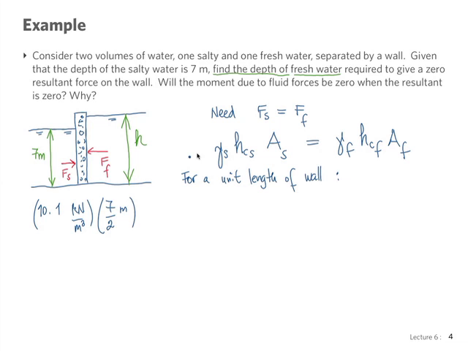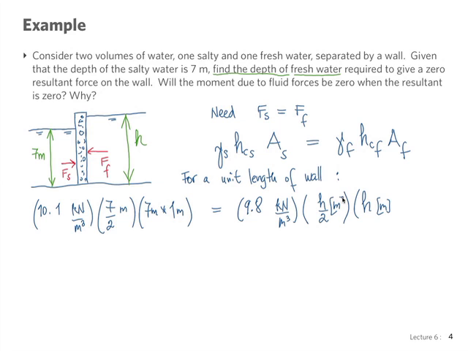That's the depth times the area, which is going to be, for a unit length of wall, 7 meters times 1 meter. That's the area. And on the other side I have gamma of fresh water, 9.8 kilonewton divided by cubic meter, and well, we don't know the depth of water on that side, so let's just write h/2 for the depth of the centroid on that side. And we don't know the area either because we don't know h, so h meters times 1 meter will be the area on the fresh side.